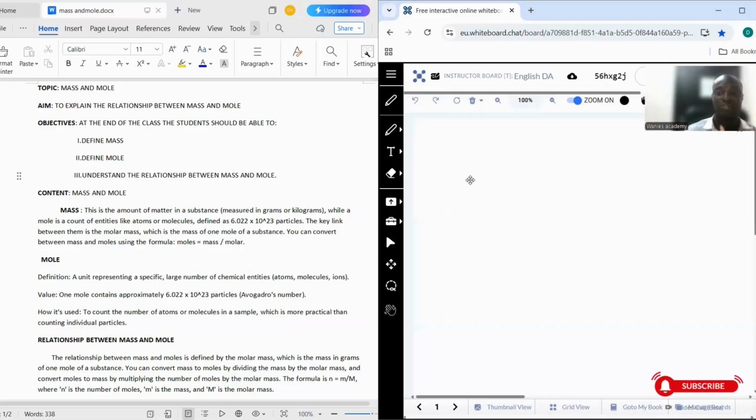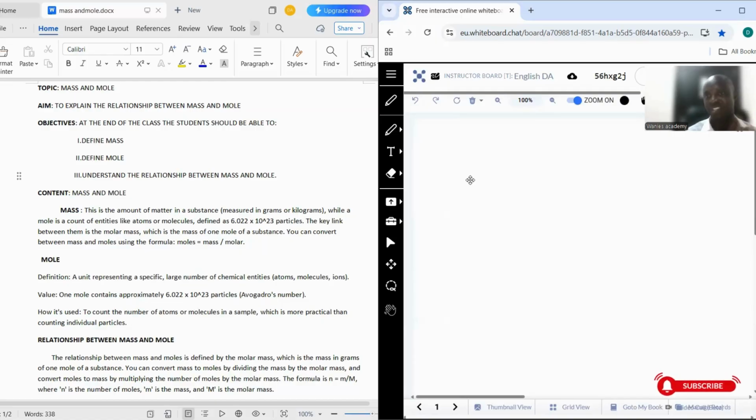Therefore, when we carry out chemical reactions in chemistry, we work with large quantities of particles so as to overcome the problem of the smallness of the particles. Now, therefore, there is a need for a unit that contains a specified number of particles of a substance in a given sample.